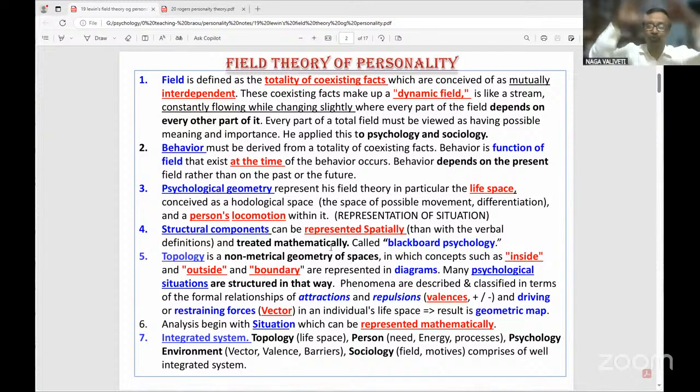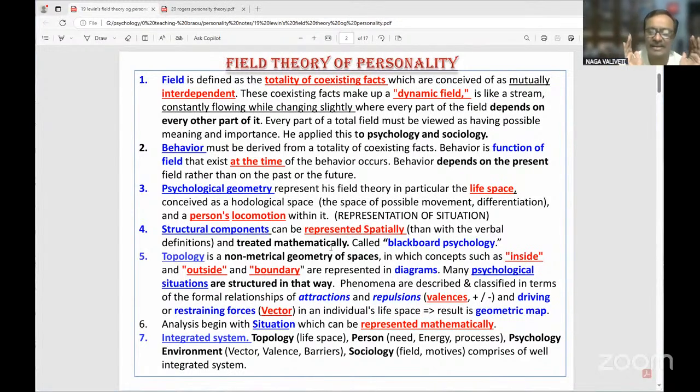What is there outside of the psychological environment? Social and physical environment. So if you want to separate the fields, one is the psychological environment, the other the non-psychological environment. In the non-psychological environment, there is society and the physical environment.